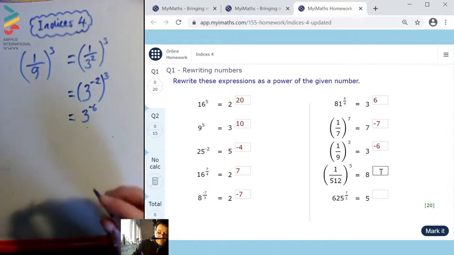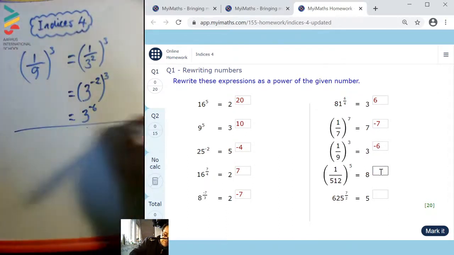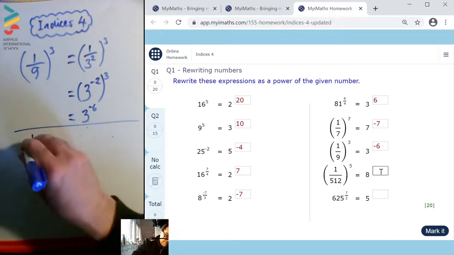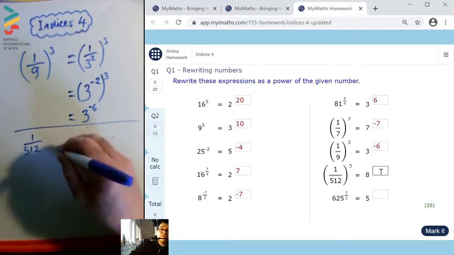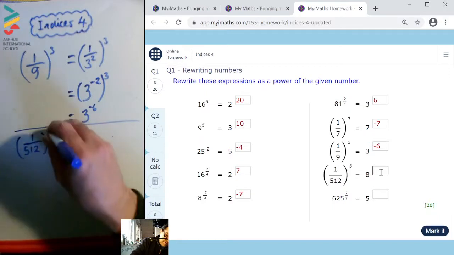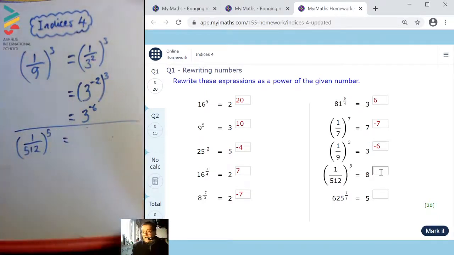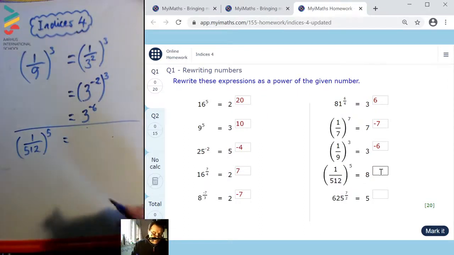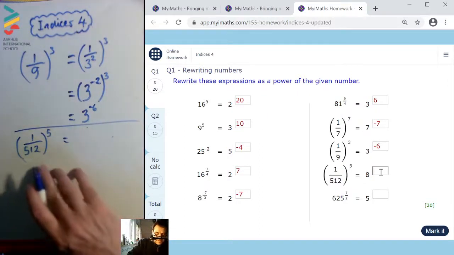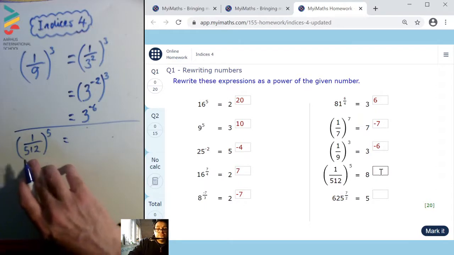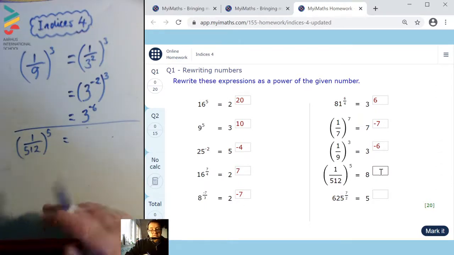Okay, the next one. 1 over 512, all to the power of 5, is equal to 8 to the power of something. Well, again, more than likely it's been constructed so that 512 is a power of 8. So let's just think about that.